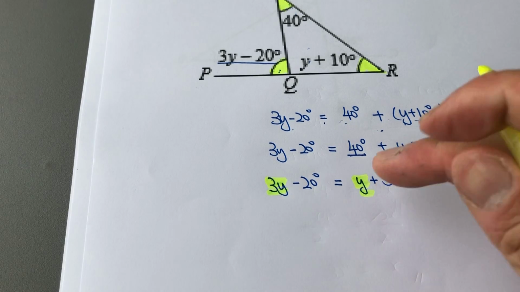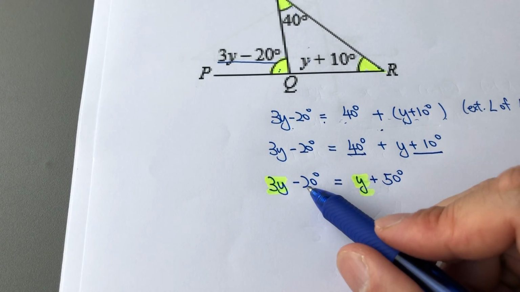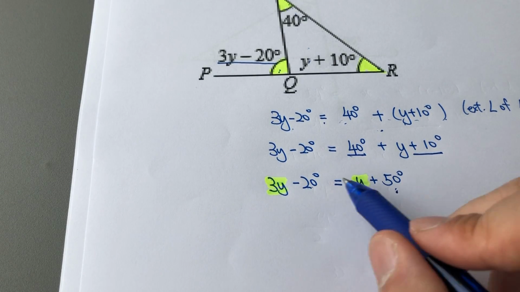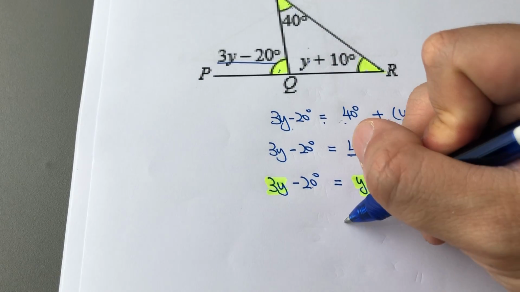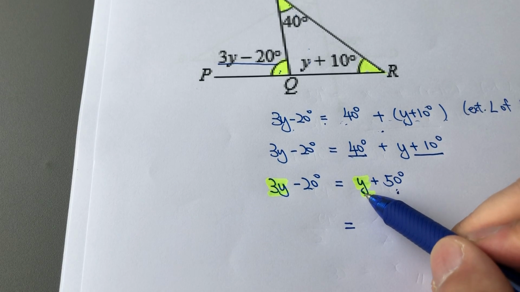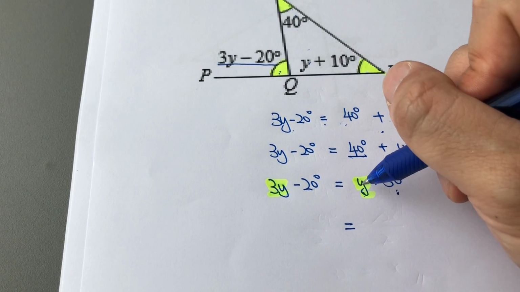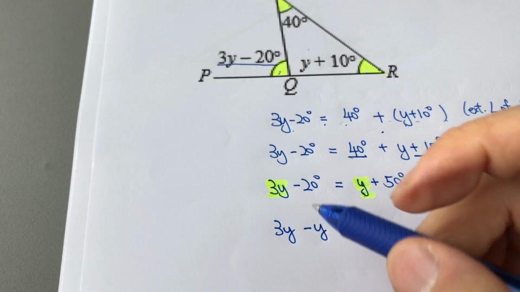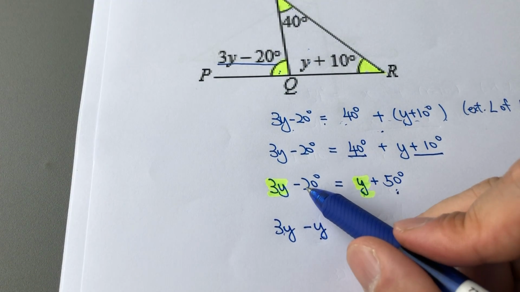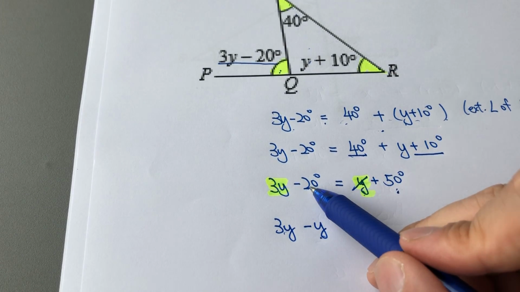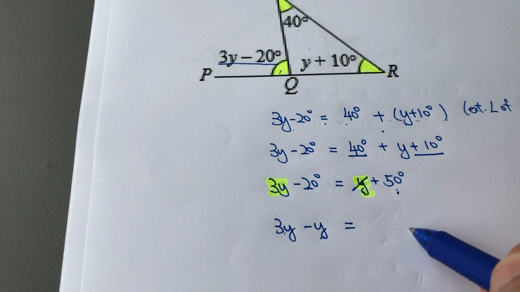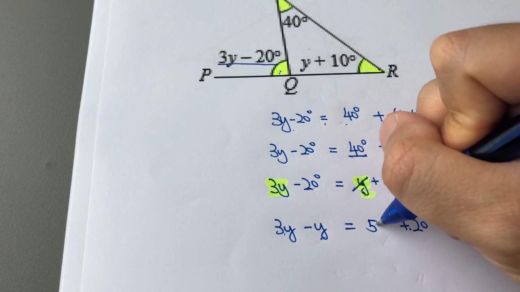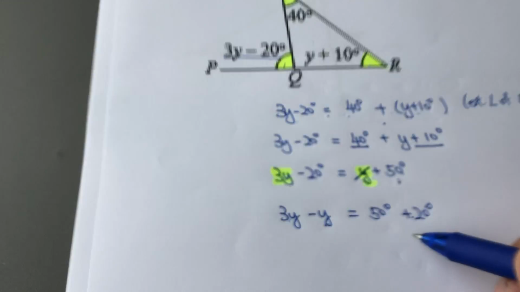Yes, they are like terms. And 20 and 50 are also just angles, so you should also combine them. Now, let's bring the positive y to the left-hand side. Positive y will become negative y, together with the 3y. And when you move negative 20 degrees to the right-hand side, it becomes positive 20 degrees, together with the 50 degrees.